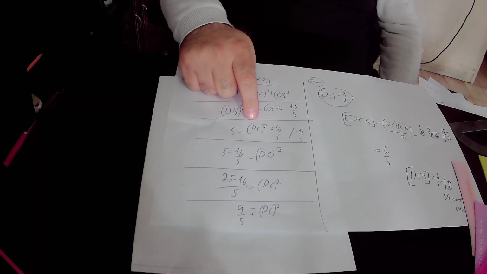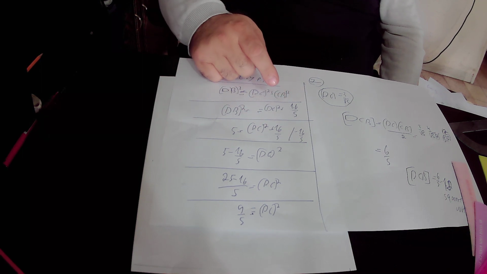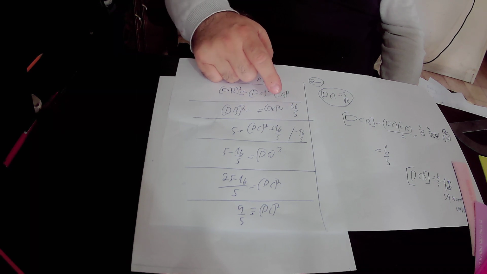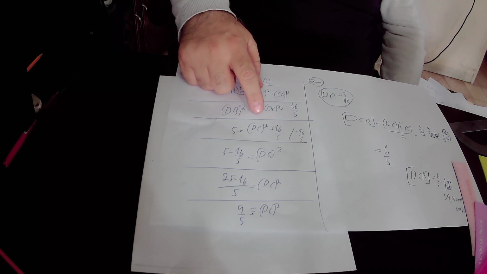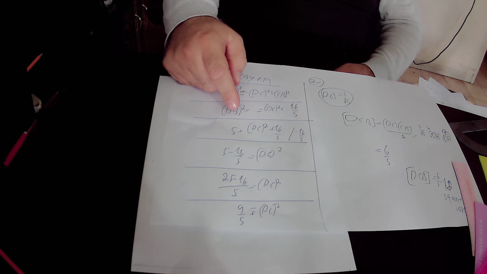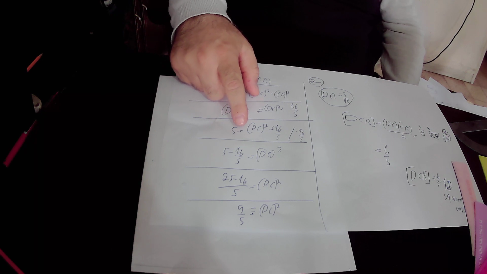Here, CB equals 4 over square root of 5, so CB squared is 16 over 5. So in conclusion, we found out that 5 equals DC squared plus 16 over 5. We subtracted 16 over 5 from this equation.